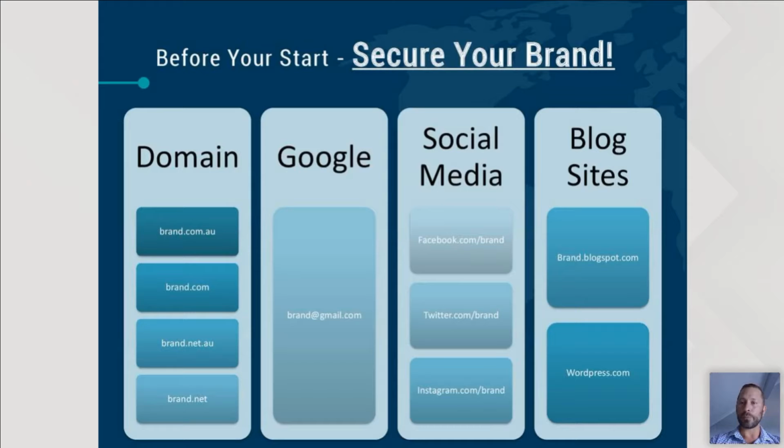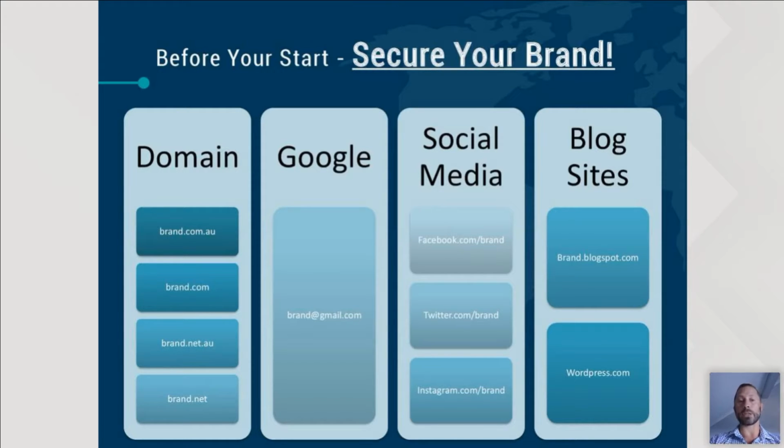So in Australia, your most powerful TLD, they're called top level domains, are .com.au and .com. Okay, so if you're looking at a vanity URL like .sydney or .agency or .firm or whatever the case may be, they're great for social media, they're great for paid advertising, but as far as building up your organic presence and for you to be found easily by Google, the .com.au gives you the most relevant local presence.